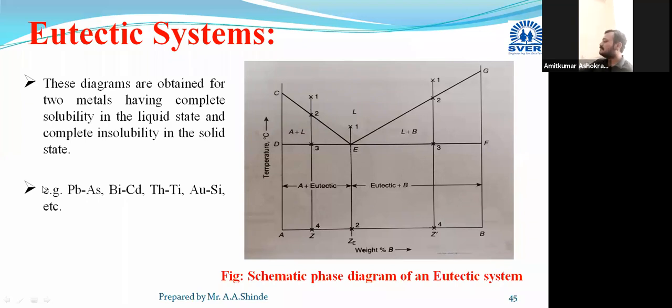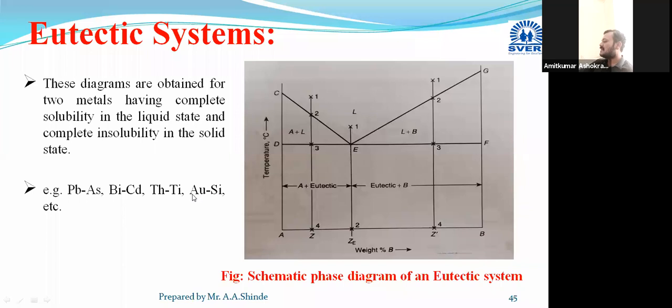For example, PbAs, that is lead and arsenic, will show the eutectic system only. Then BiCd, bismuth and cadmium. Then ThTi, thorium and titanium. Then AuSi.